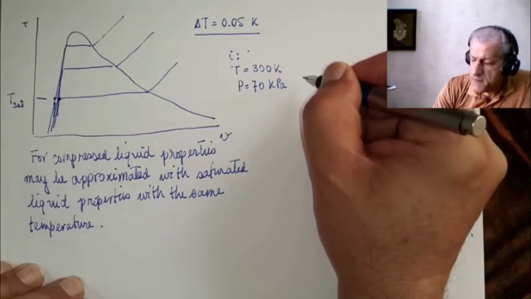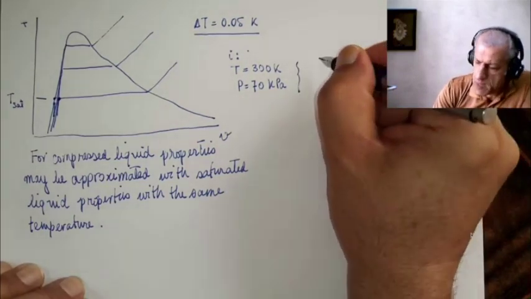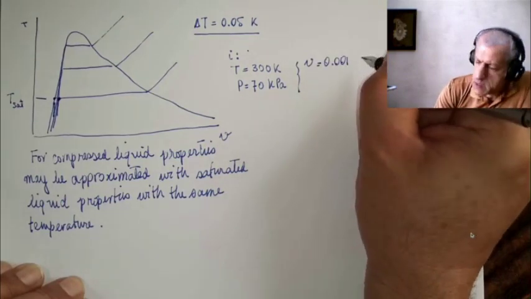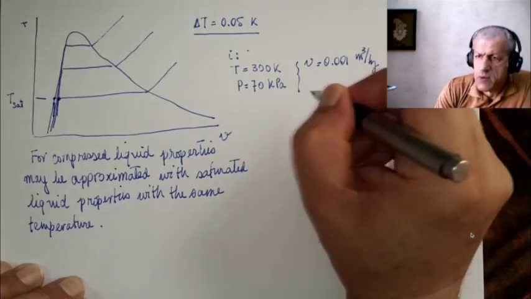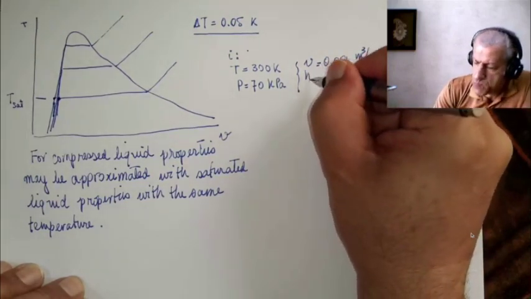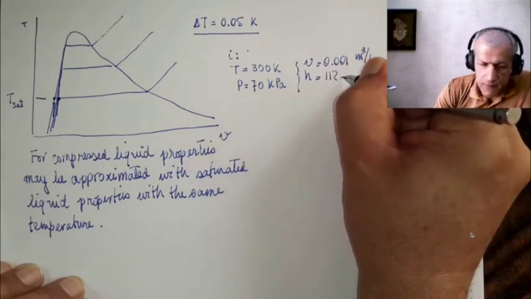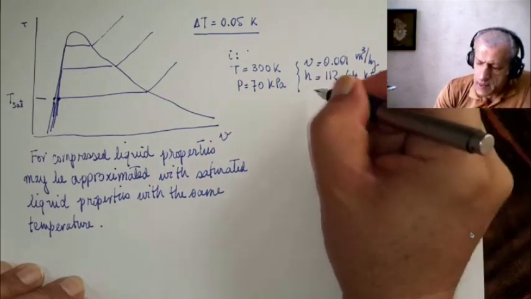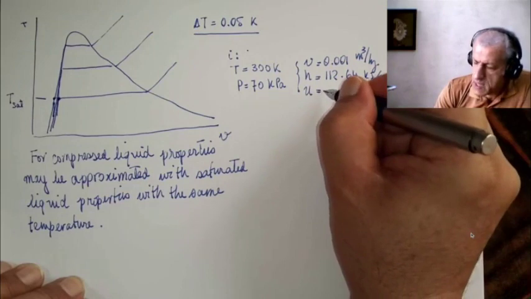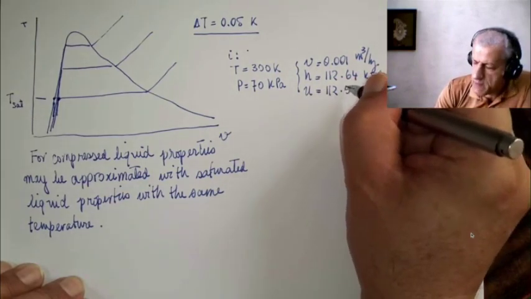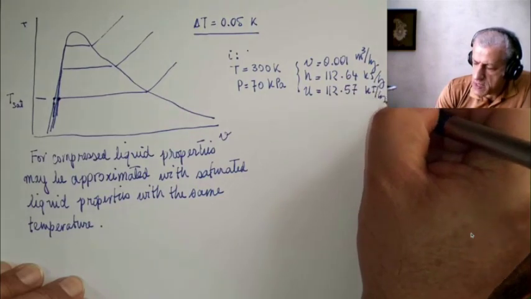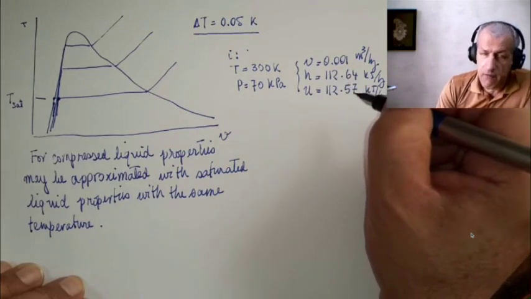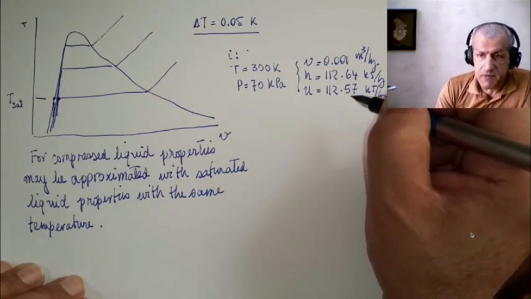The results I found was that V equals 0.001 cubic meters per kilogram, H equals 112.64 kilojoules per kilogram, and U equals 112.57 kilojoules per kilogram. In the compressed liquid area, H and U are very close since the specific volume is so small.